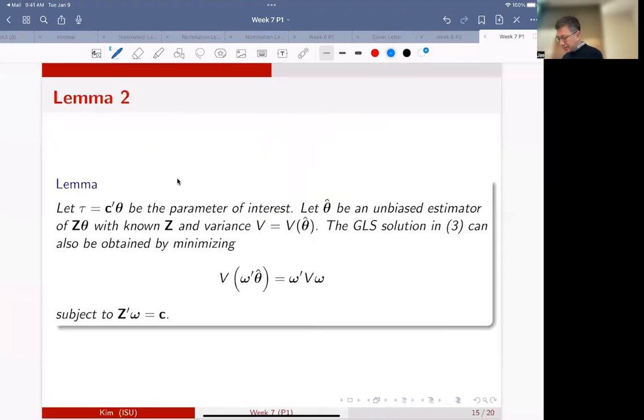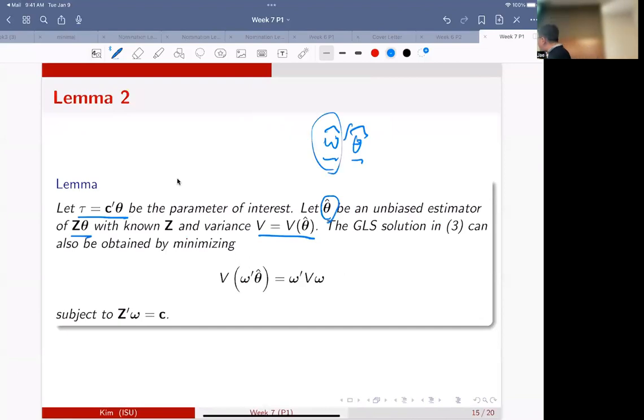This is the parameter of interest, this is the initial estimator, and we know the mean structure and the variance covariance matrix. Our ultimate goal is to find the optimal omega hat that combines our initial estimator. This is what we want.